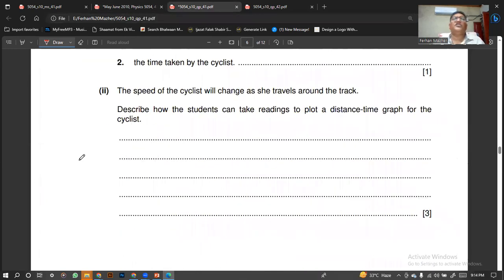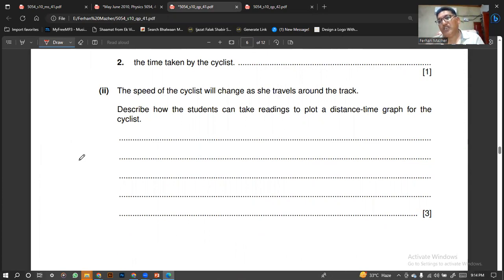Then he says the speed of the cyclist will change as she travels around the track. Describe how the students can take readings to plot a distance time graph for the cyclist. Very simple. After every 10 meters, put a mark on the ground. For example, you can put a flag or a board on the ground after every 10 meters.